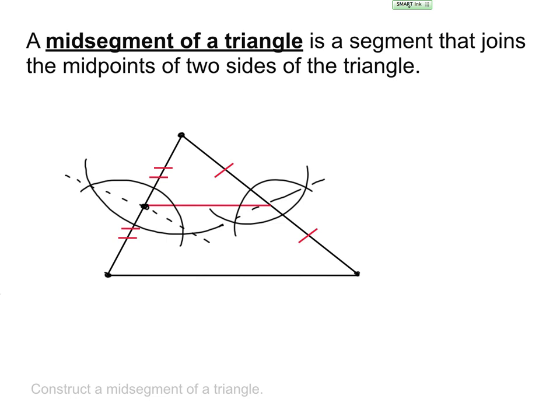Connecting them, I'm just going to dash it when I connect it. I need that midpoint. If it were a median, I would connect that midpoint to the vertex. But this isn't a median. This now is called a midsegment.